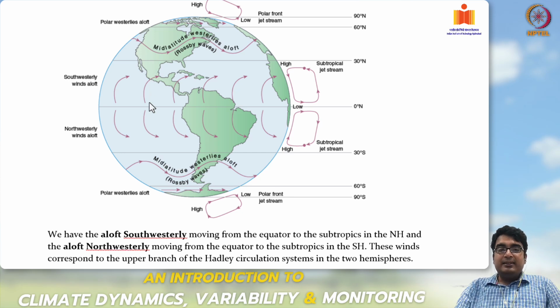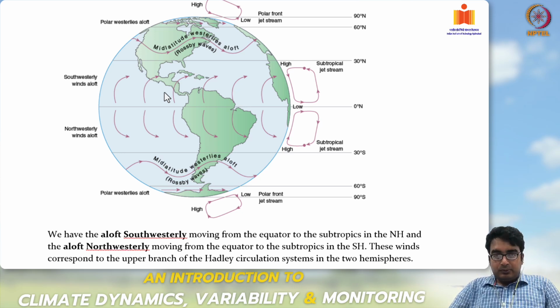These aloft winds are therefore moving from south to north in the northern hemisphere and north to south in the southern hemisphere. Therefore, through Coriolis forces, they will be accelerated to their right. That is, in the northern hemisphere, they will be accelerated in the eastern direction, and in the southern hemisphere also, they will be accelerated in the eastward direction.